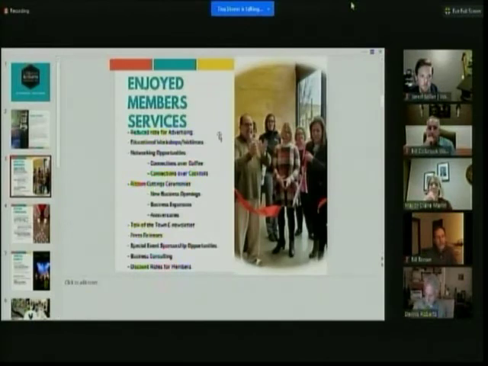Right now, our members, which are 122 at the moment, these are just a few of the services that we provide.